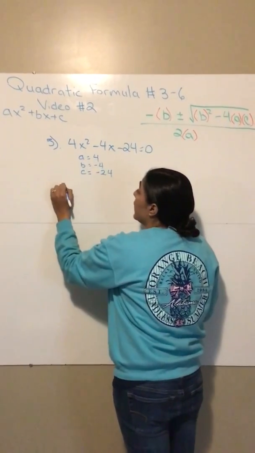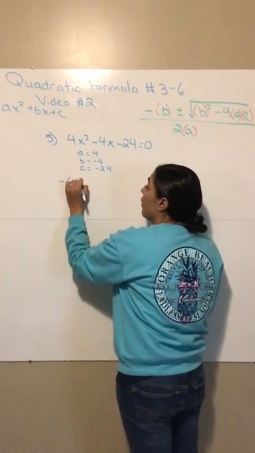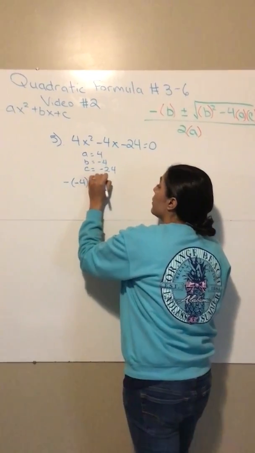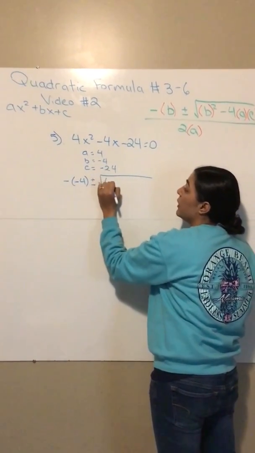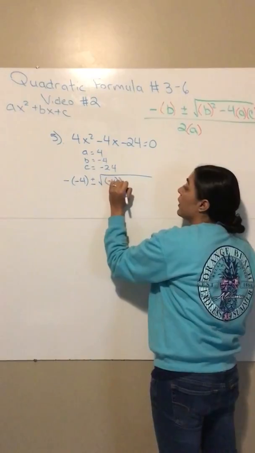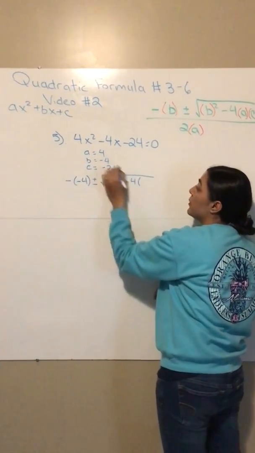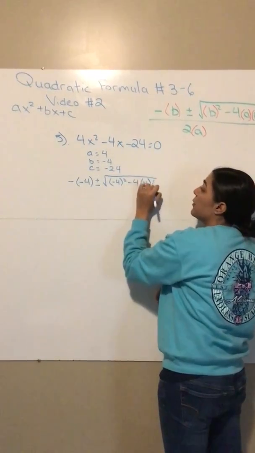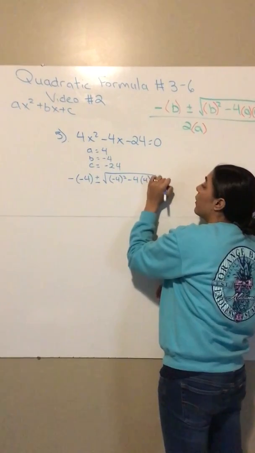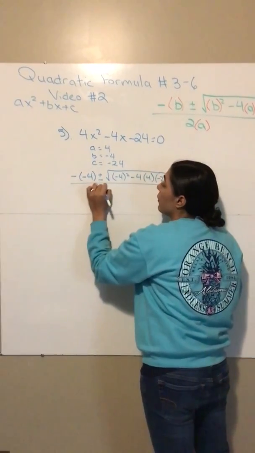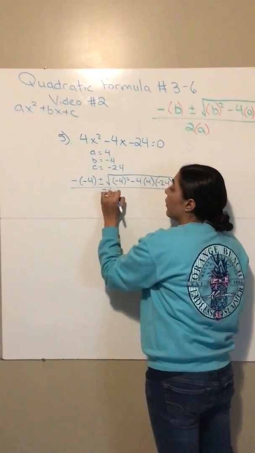So you got negative B, which is negative 4, plus or minus the square root of B squared, so negative 4 squared, minus 4 times our A, which is 4, times our C, which is negative 24, all over 2 times our A, which is 4.